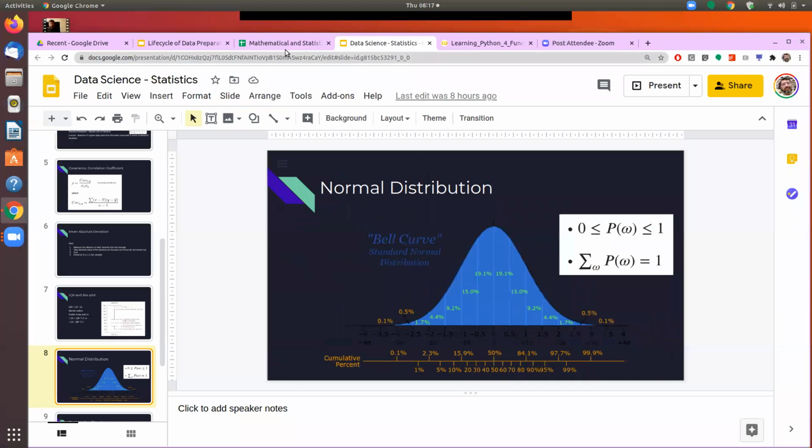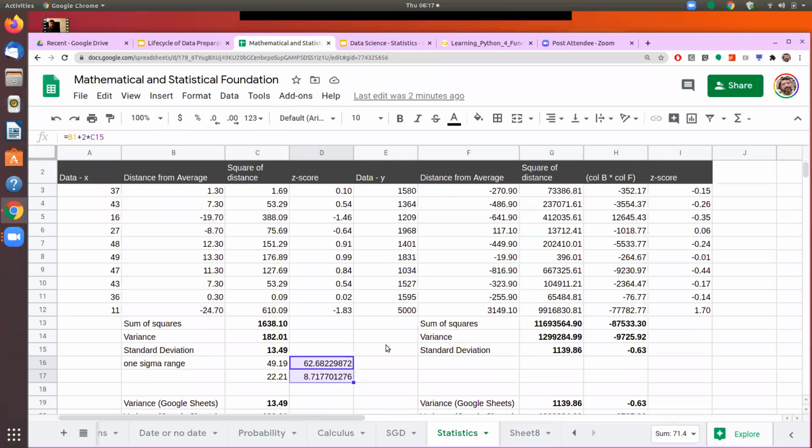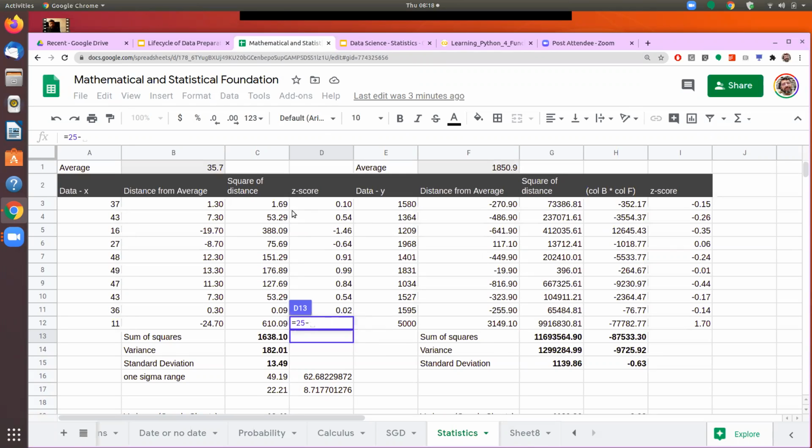So if I'm trying to answer the question, given this data, what is the probability that I will reach office in less than 25 minutes, what we are doing is finding the z-score of 25. So we take 25 minus the average, and this I will divide by the standard deviation.